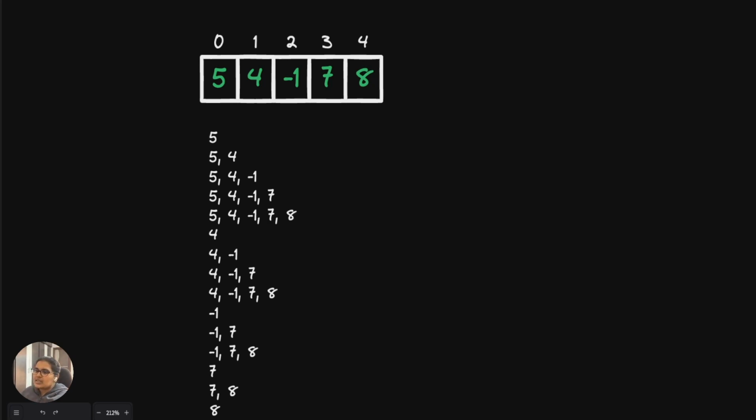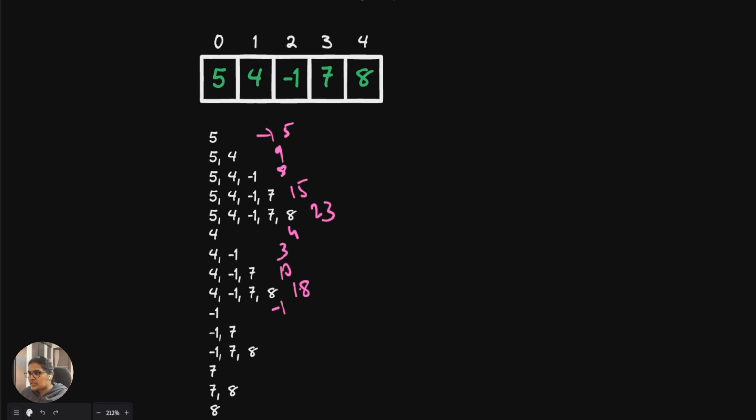Now what are the sums of these subarrays? If it is 5, then the sum is just 5. If it is 5 and 4, it is 9. Here it is 8. Here it is 15. Here it is 23. Here it is 4. 3. 3. And here it is 10. Here 18.